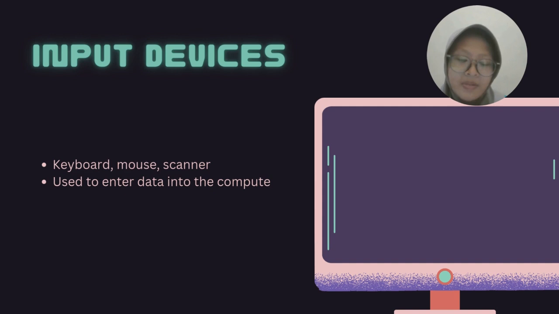Common examples include the keyboard, which allows text input, the mouse, which controls the pointer on the screen, and the scanner, which digitizes physical documents or images. Without input devices, we wouldn't be able to interact with the computer in a meaningful way.